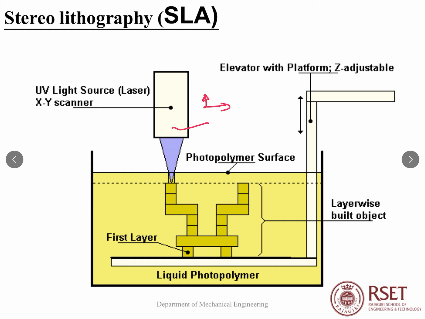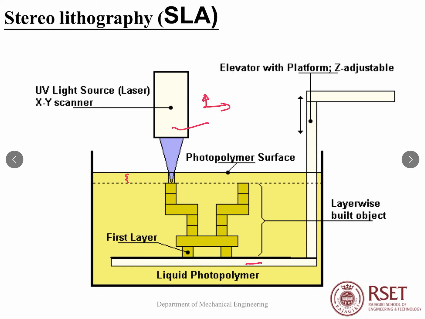Here the build platform is first positioned in the tank of liquid photopolymer at a distance of one layer height from the surface of the liquid. This is the platform, elevated and kept at a distance of one layer height, so this much material will be over the platform. The UV laser creates the next layer by selectively curing and solidifying the photopolymer resin.